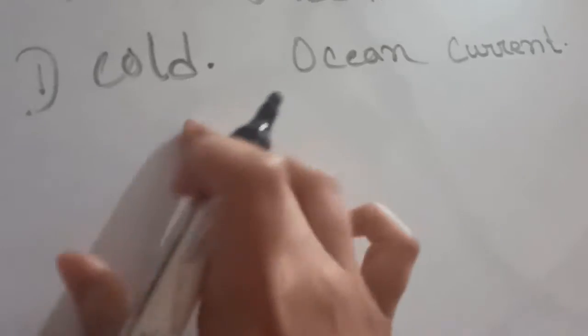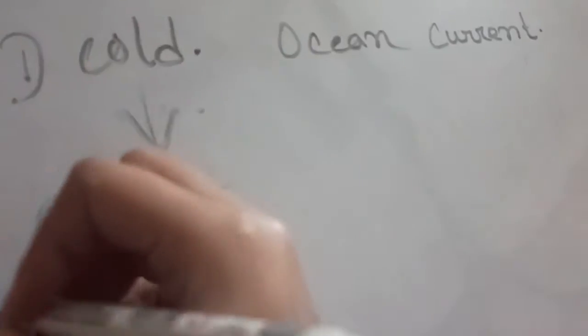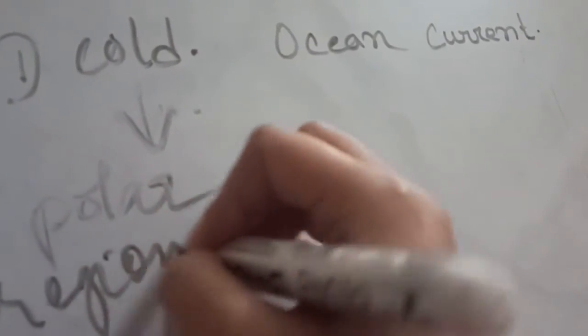Next is the cold ocean current. These cold ocean currents generate mainly in the polar region. Why polar region? Because it's very simple. The polar region gets less vertical rays of the sun. As a result, the temperature over there is low.